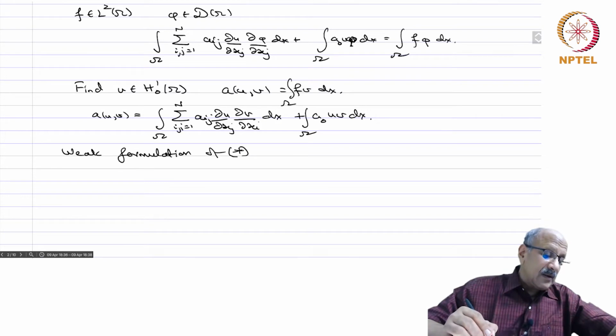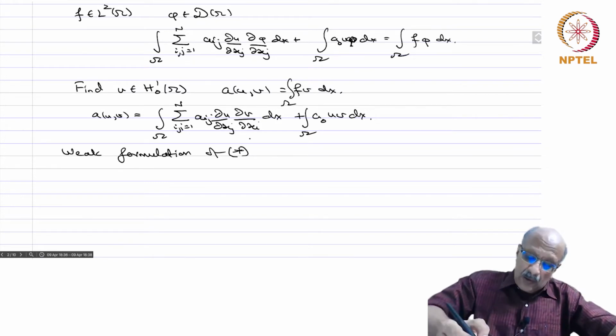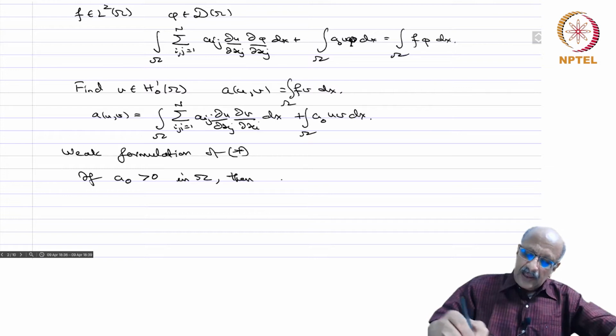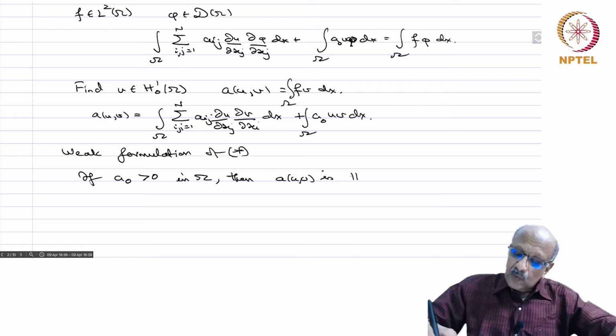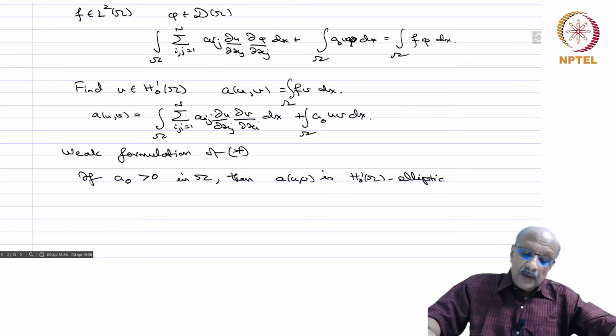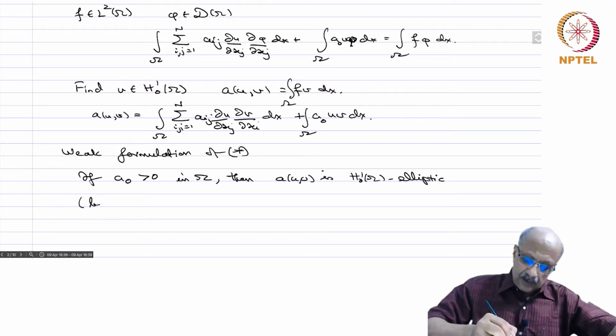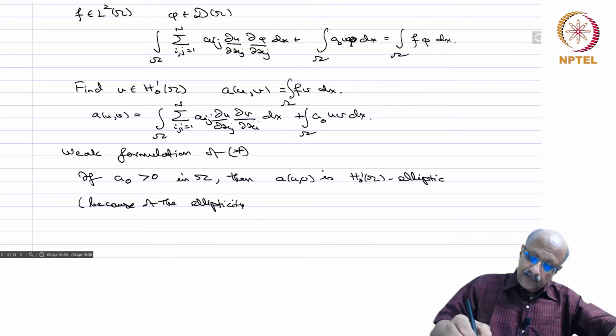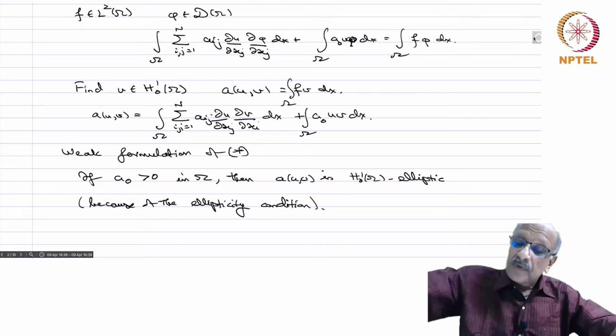And so we now have, if a_0 is strictly positive in Omega, then a(u, v) is H10 Omega elliptic. That's easy to see because of the ellipticity condition. What is the ellipticity condition?